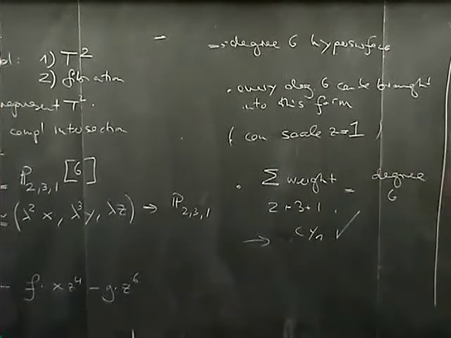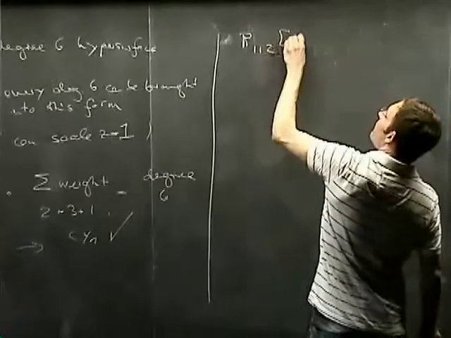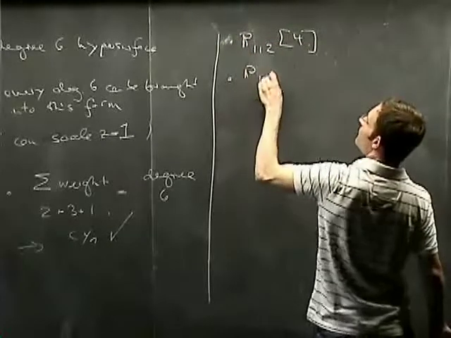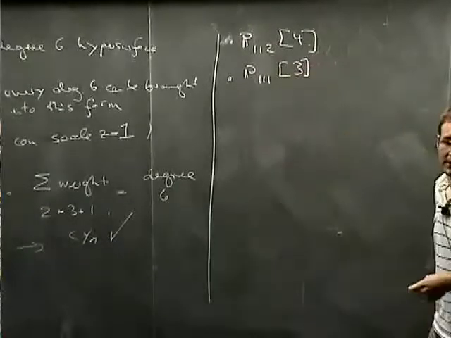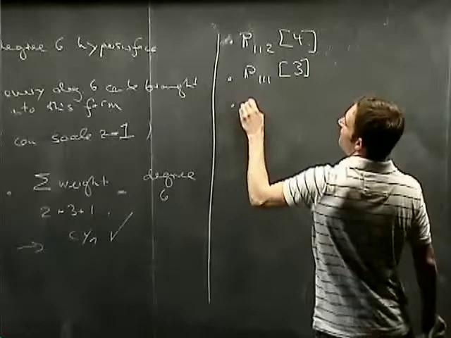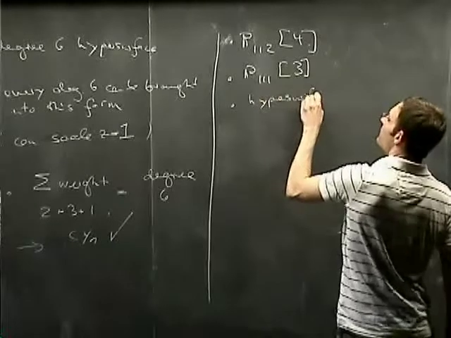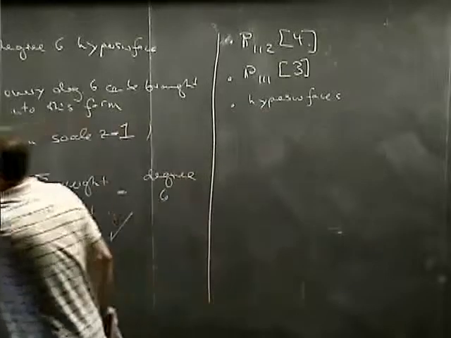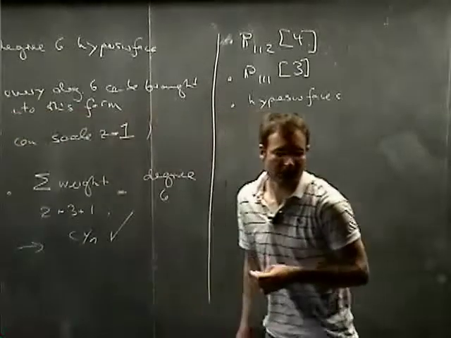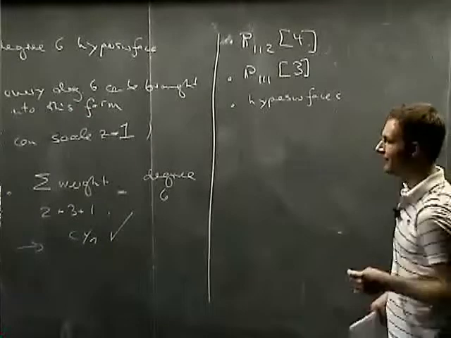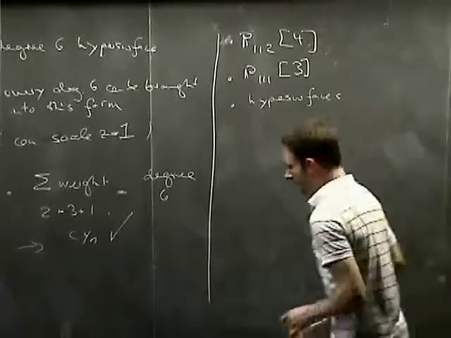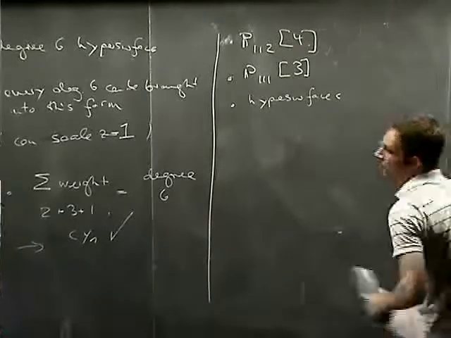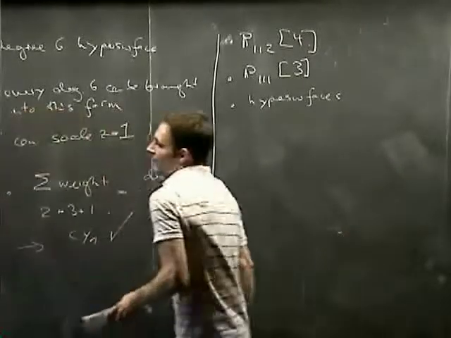For example, you can also take 1, 1, 2, 4, leading to a so-called E7 fibration, or 1, 1, 1, 3, leading to an E6 fibration, and then as hypersurfaces, so 2 polynomials in a higher dimensional space, etc. But this is the one that is most commonly used, and probably also the most general one, even though this is under investigation. So this is just for reference.